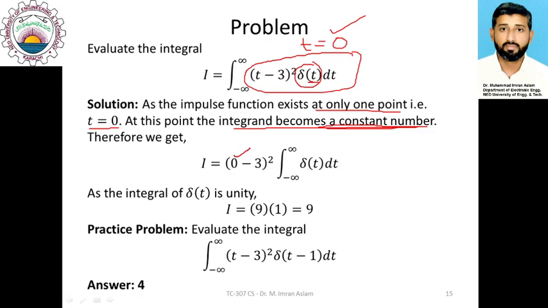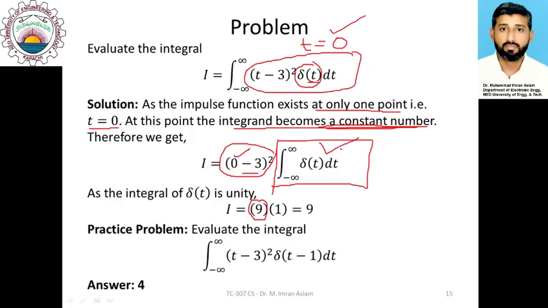So if I substitute t equal to 0 here, I can represent it as (0 minus 3) squared, being constant. I have taken it out of the integral, and the integral is represented here from minus infinity to plus infinity delta t dt.